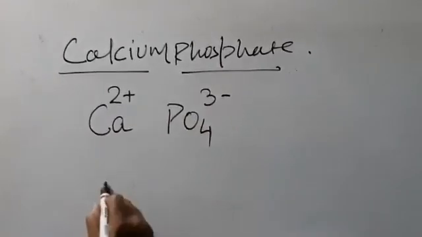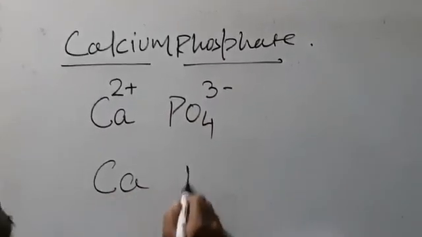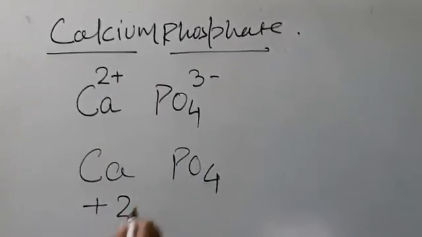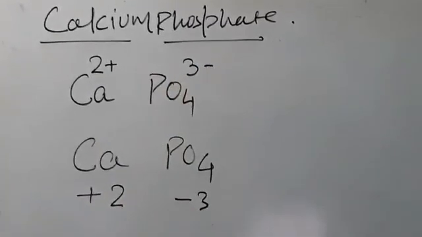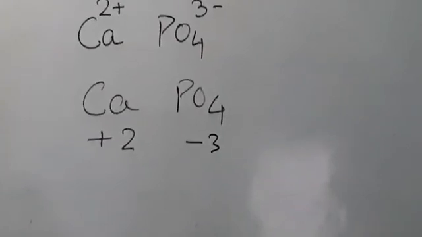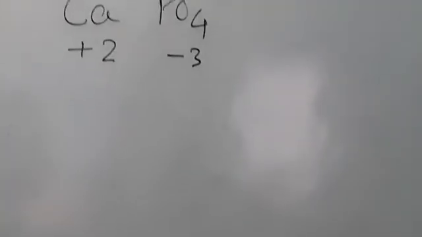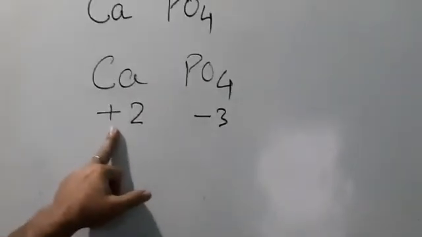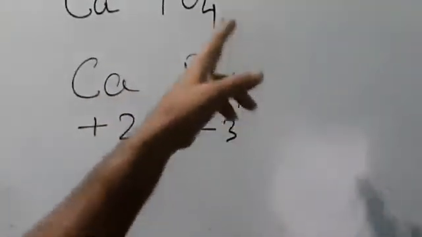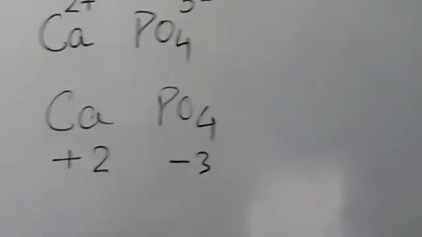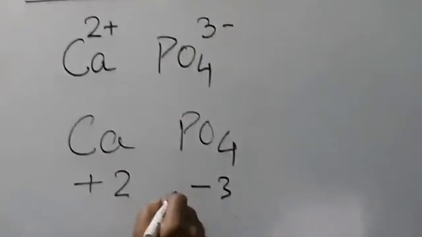Next step, Ca PO4. Now bring the valency down, PO4 minus 3. Now cross each other. The valency of calcium will go towards phosphate and the valency of phosphate will go towards calcium. This is called crossing each other.